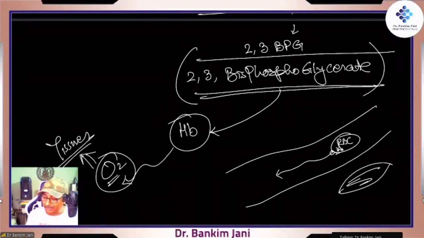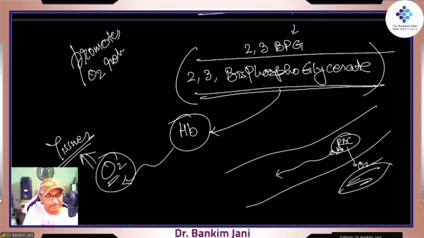So this is where 2,3 bisphosphoglycerate will come in, to get oxygen released. Technically speaking, we will not say in viva that it kicks hemoglobin. This is true, but it promotes oxygen release from hemoglobin.